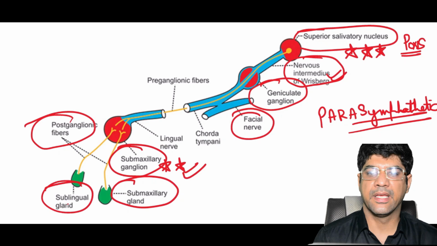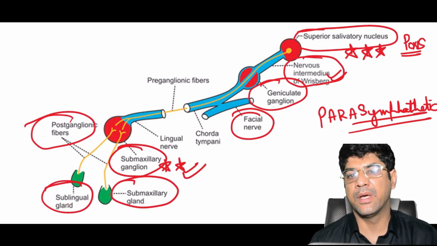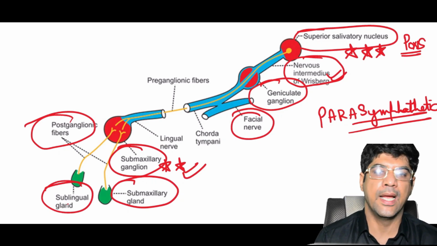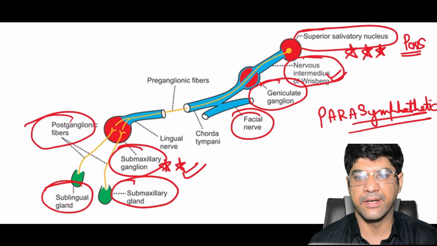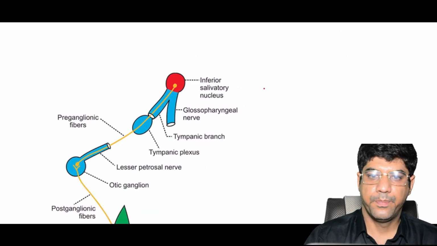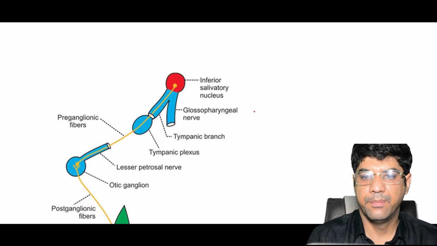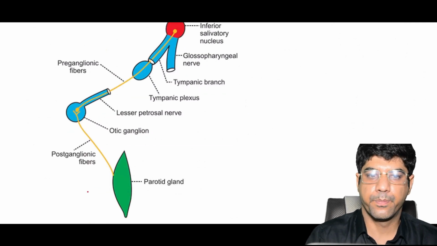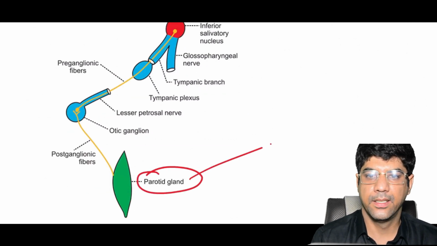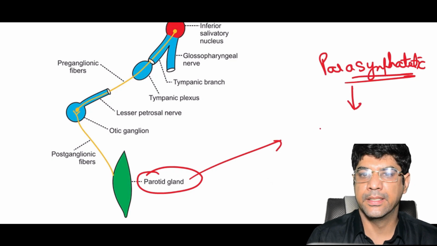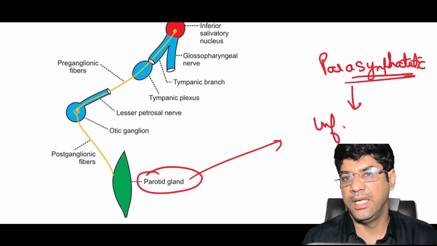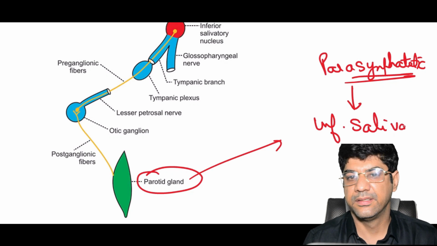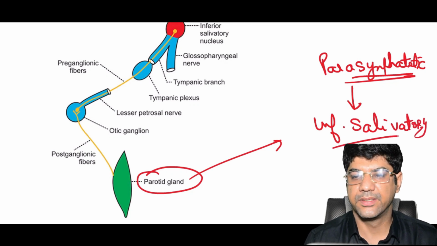So which nucleus gives rise to parasympathetic fibers for the submandibular and sublingual glands? It's the superior salivatory nucleus. The parasympathetic fibers to the parotid gland arise from the inferior salivatory nucleus.